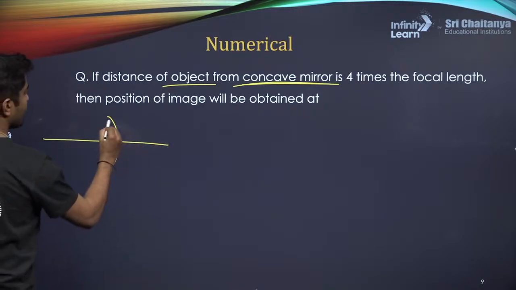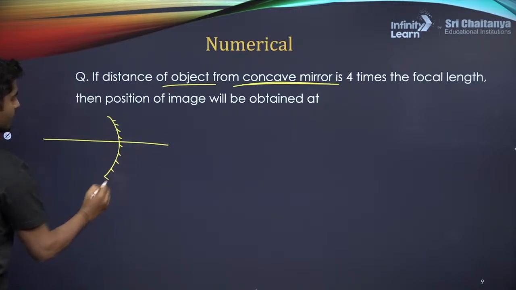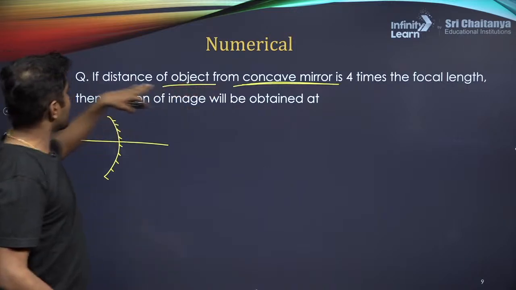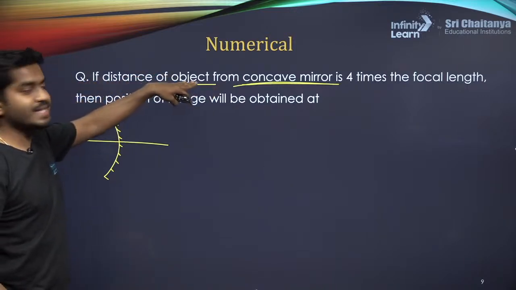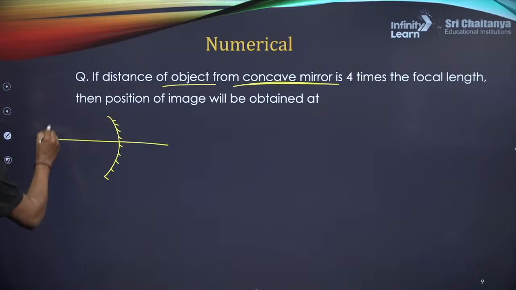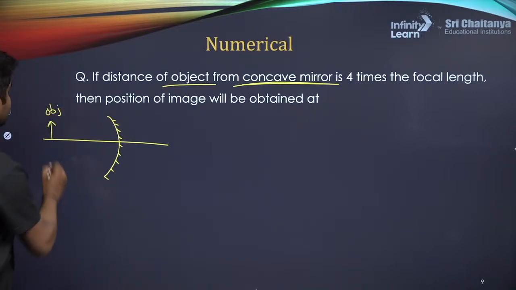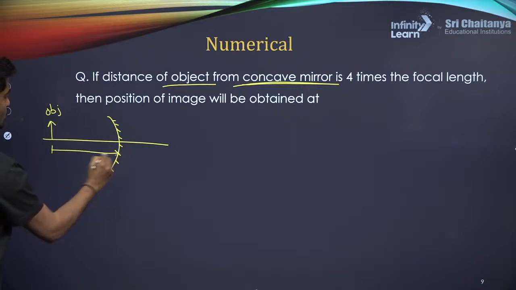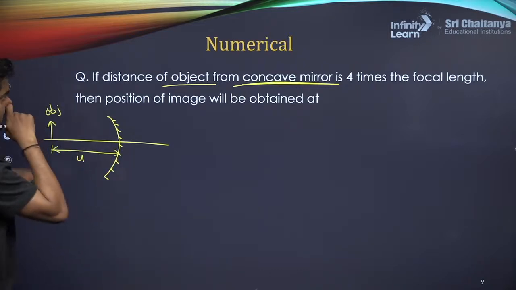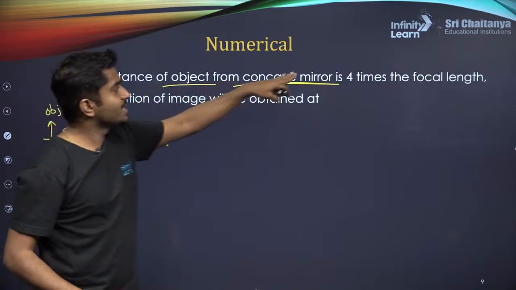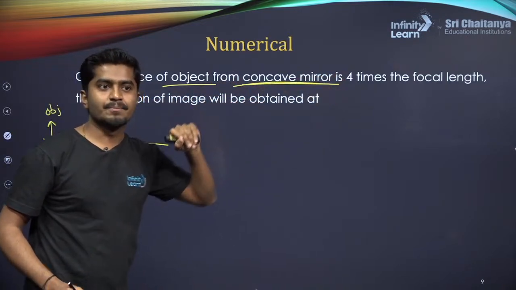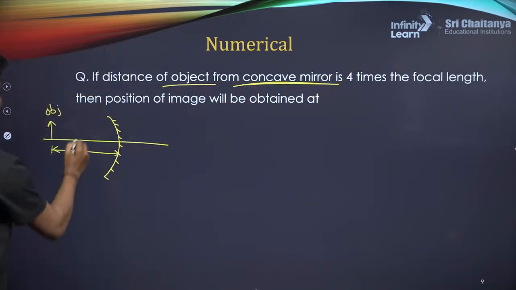So there is a concave mirror. Can you see? Concave mirror. And what is given? The distance of the object. Let's suppose there is an object here, and this would be our U. From the concave mirror it is 4 times the focal length. Now, what is the focal length?